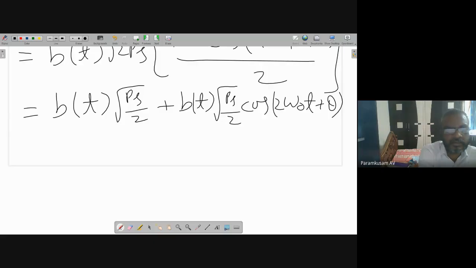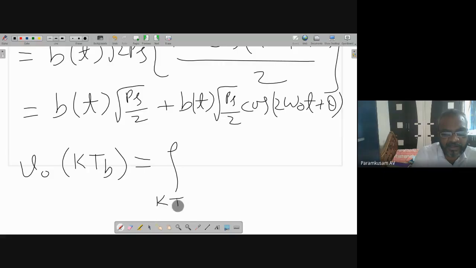Okay, so now we are integrating this signal. We are integrating for v naught of ktb. V naught of ktb is equal to integration from k-1 tb to ktb during one bit interval, any bit interval.